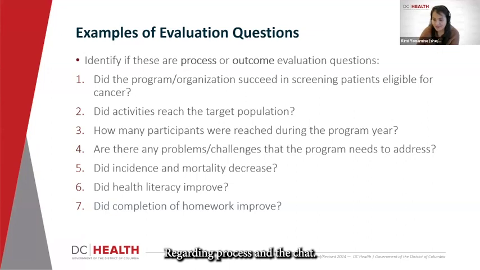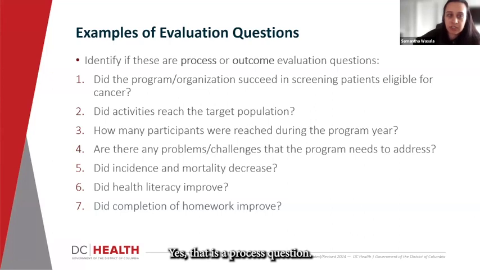We're getting process in the chat. Yes, that is a process question.